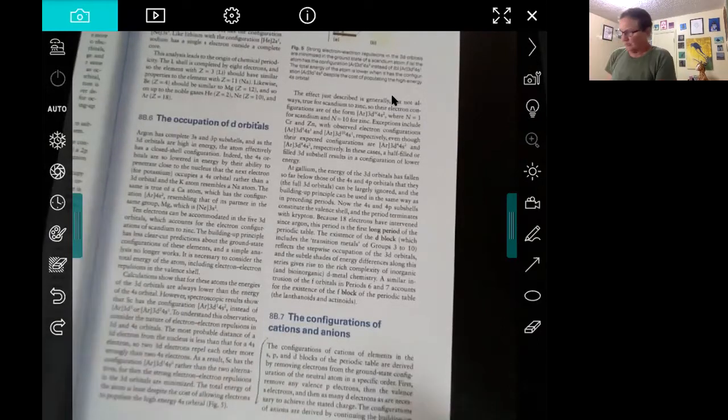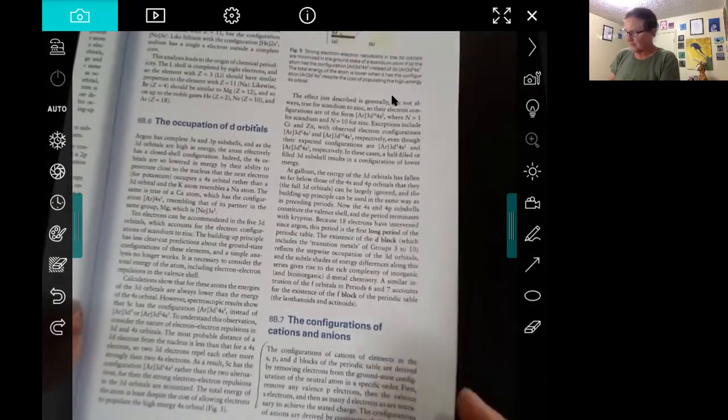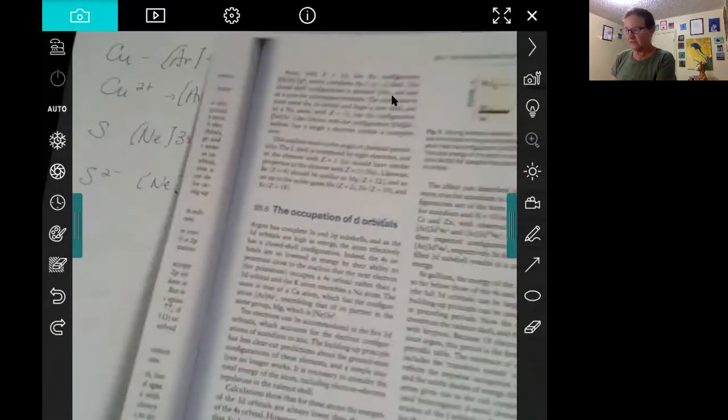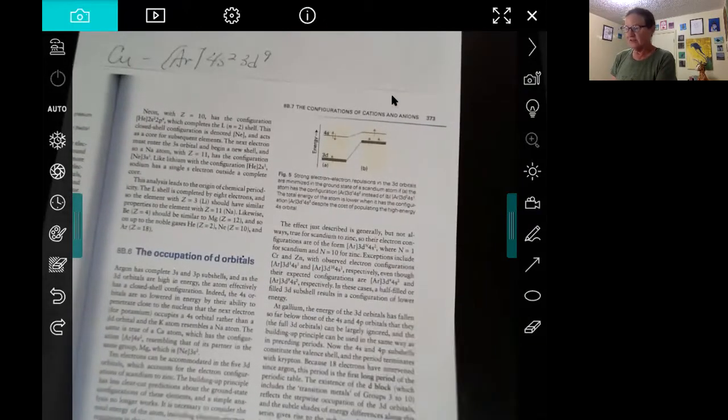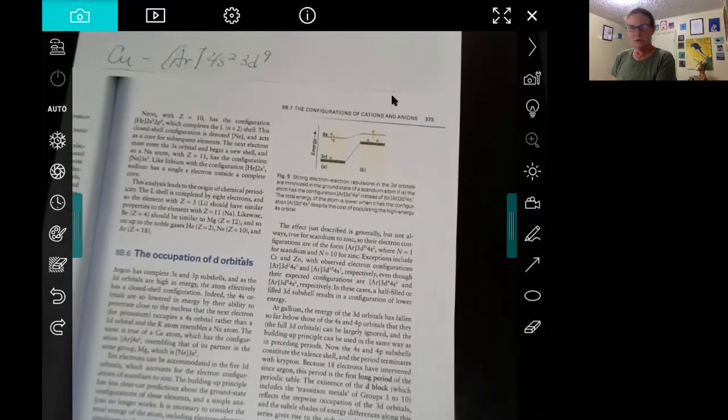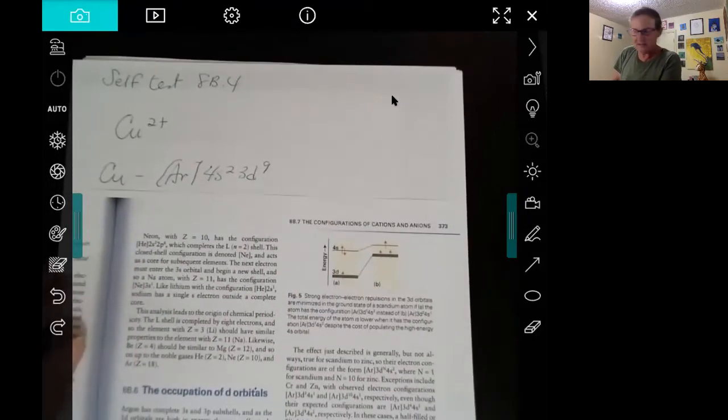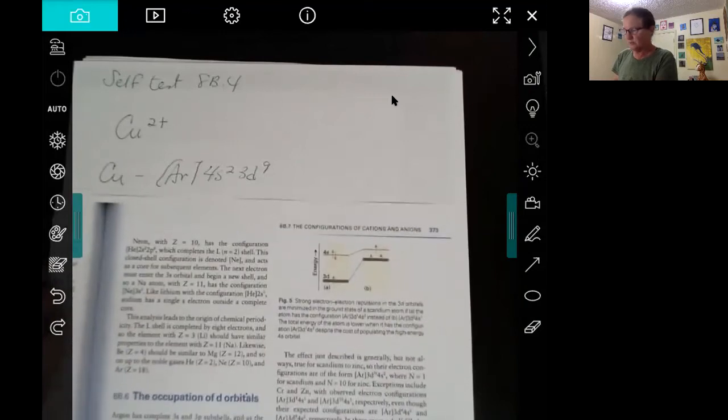And when we remember how we make cations and anions, remember this whole thing is based on an orbital approximation. Electrons are in orbitals. So when we make cations, we take electrons off. When we make anions, we add them. When we're in the transition metals, turns out that even though it filled a 4s2 3d9, so this is self-test 8b.4.